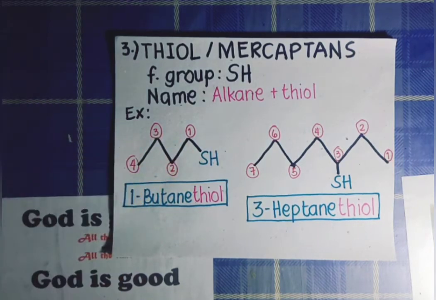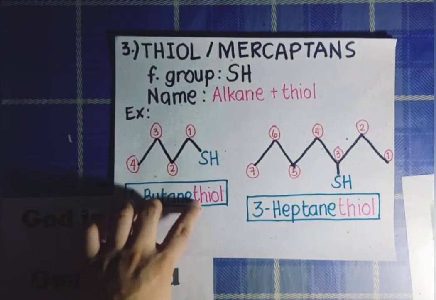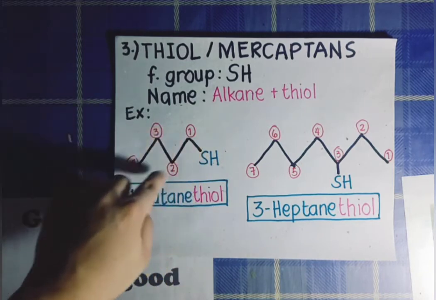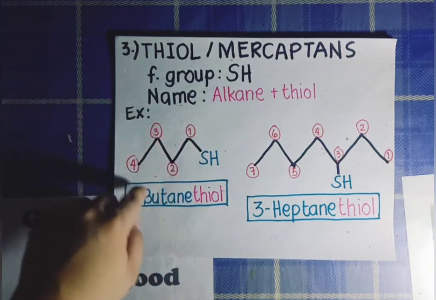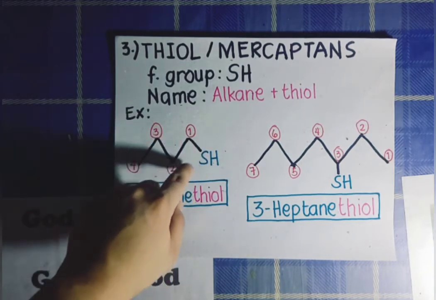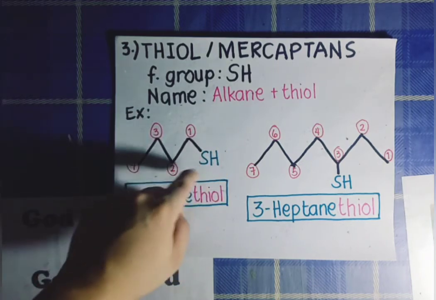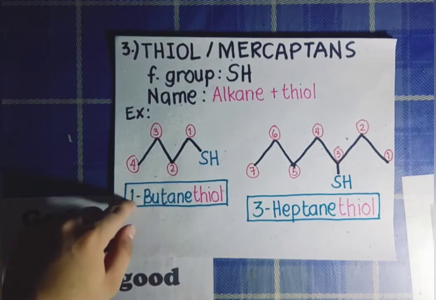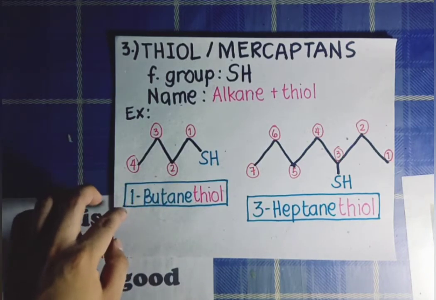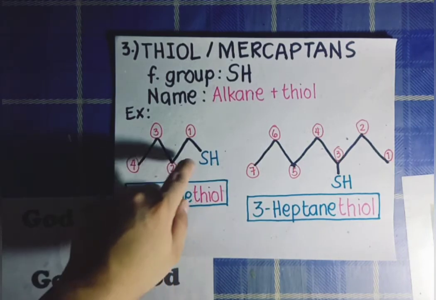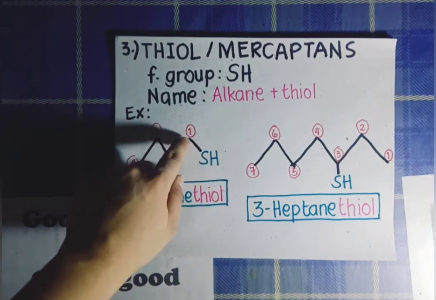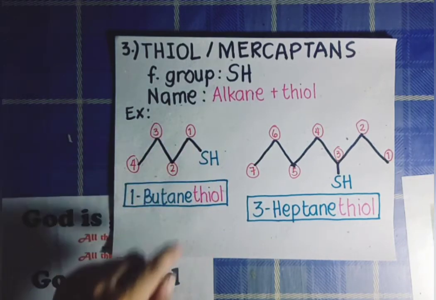Therefore, the name of this compound is 1-butane thiol. The alkane here consists of 4 carbons, so that's butane. Then we also have the SH or thiol group, so butane thiol. Now our 1 here represents the carbon number where the thiol is attached. So our thiol group here is attached to carbon number 1. Therefore, its name is butane thiol.